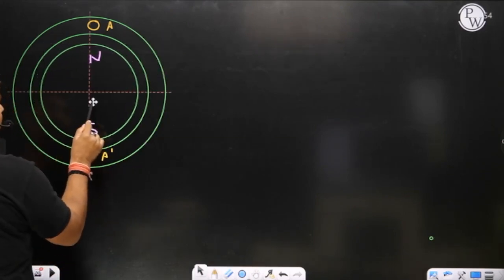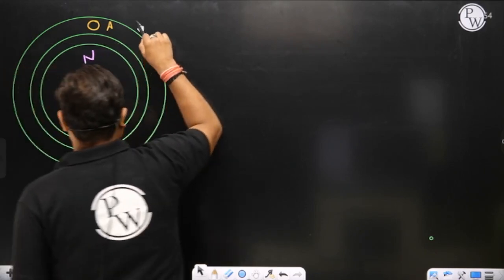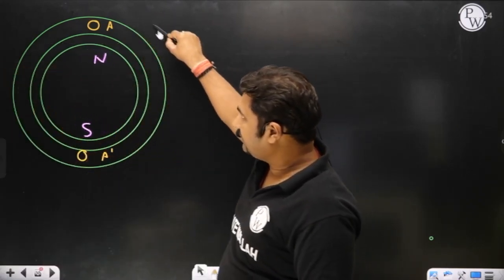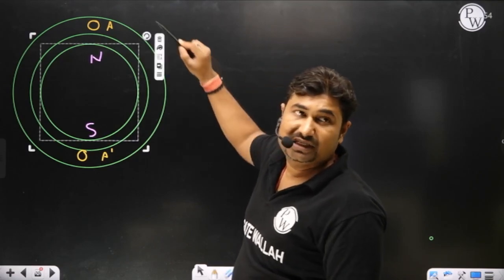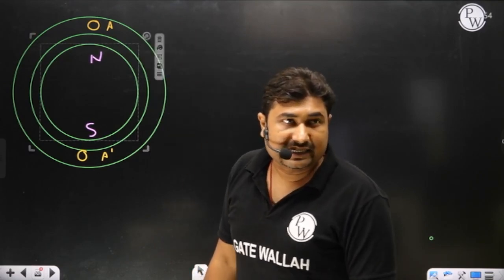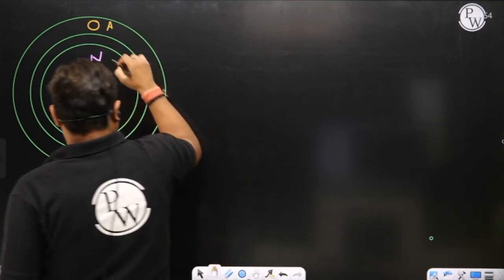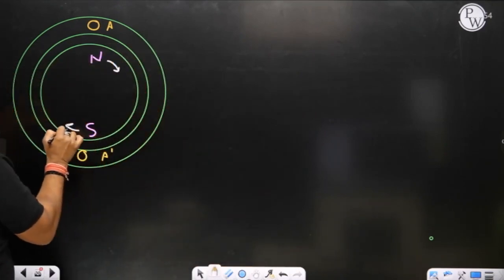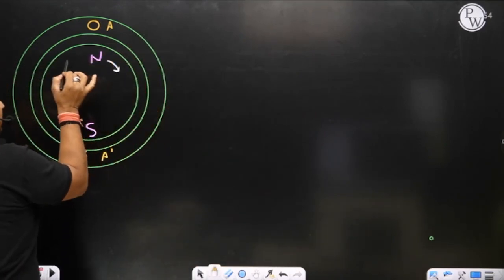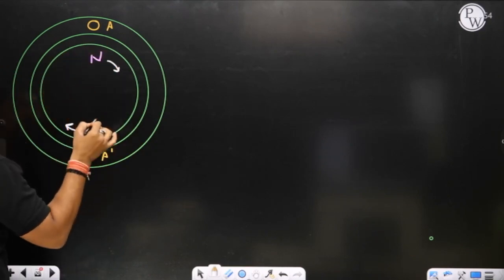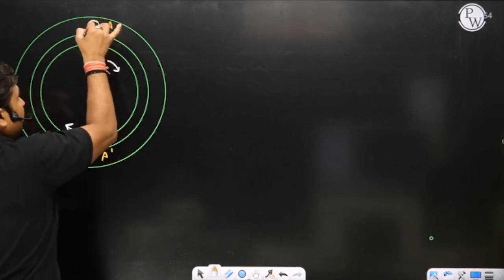If it is rotating in a clockwise direction, then at this particular instant, what will be the induced EMF on the stator conductors A and A dash, when the field is moving with respect to the rotor structure?